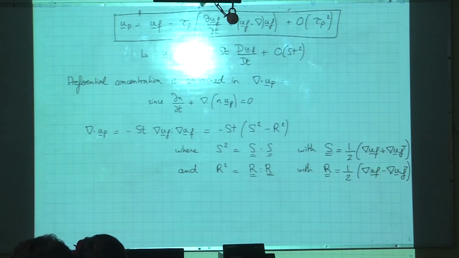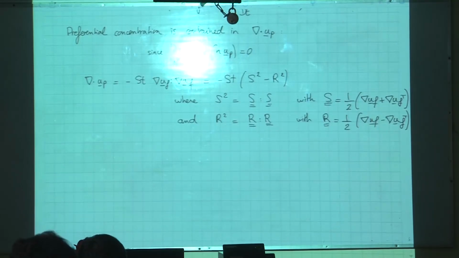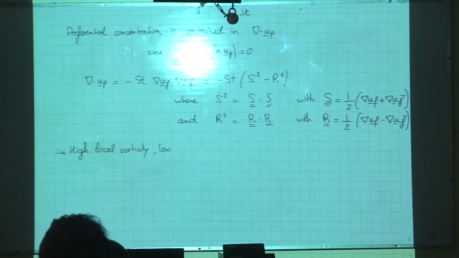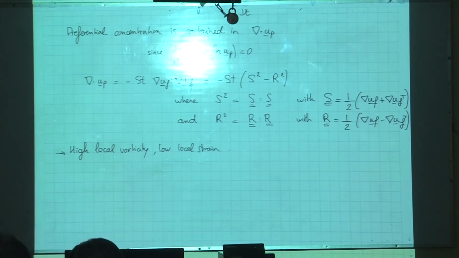So now that closes the loop with what we were talking about before. If I place myself in a region with high vorticity and low strain, then R squared will be large, S squared will be small. So if I have high local vorticity and low local strain, then S squared minus R squared will be negative.